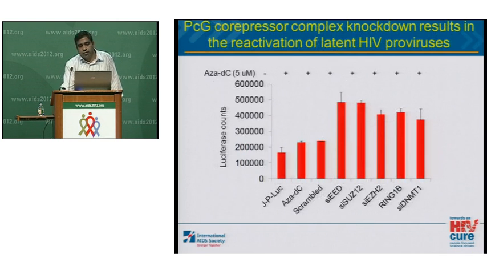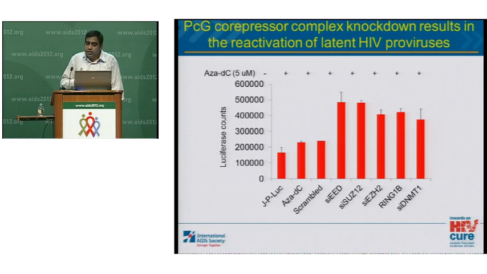So you can see when we knock down the various core components, you can see twofold more reactivation of latent provirus. So these suggest that when we remove the restriction posed by polycomb group co-repressor complex, the latent provirus got reactivated. So these results clearly demonstrate the direct role of polycomb group co-repressor complex in HIV latency.